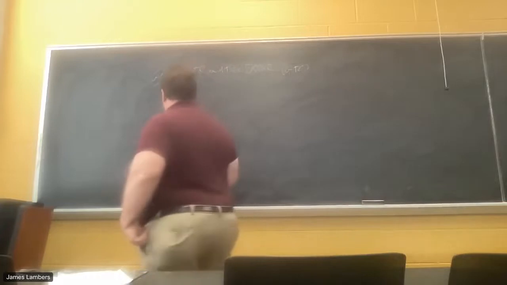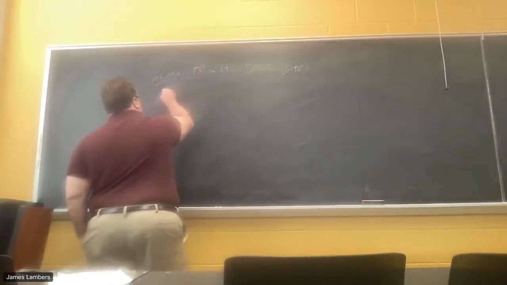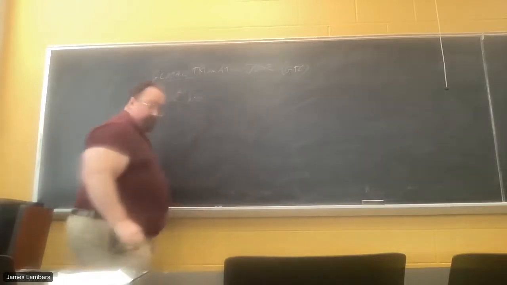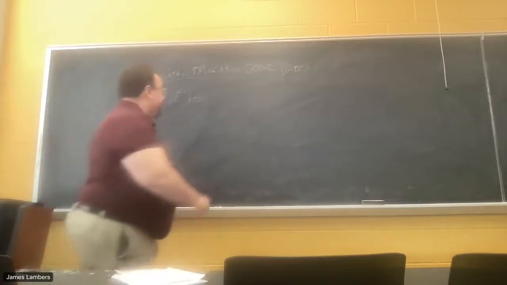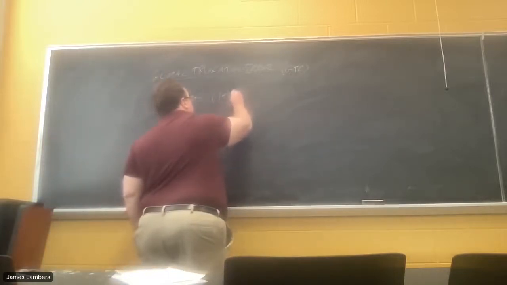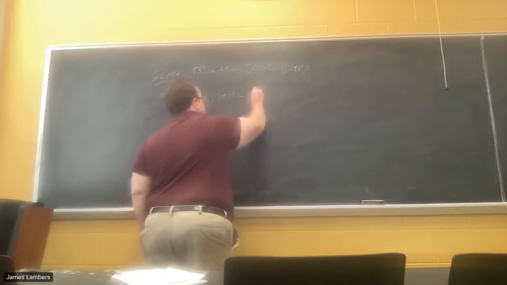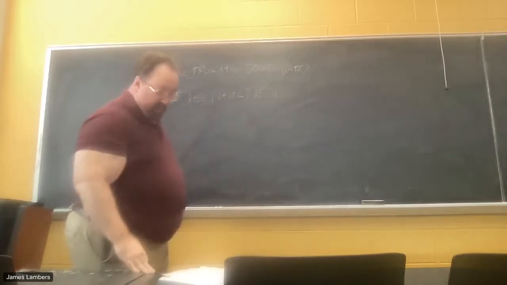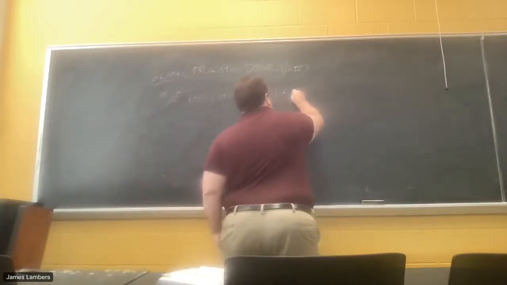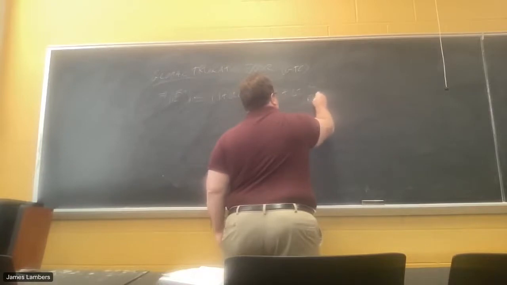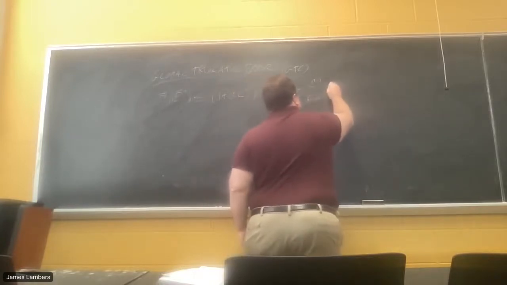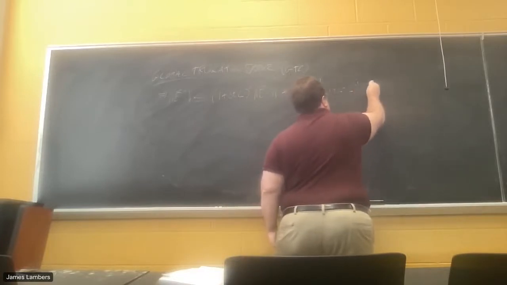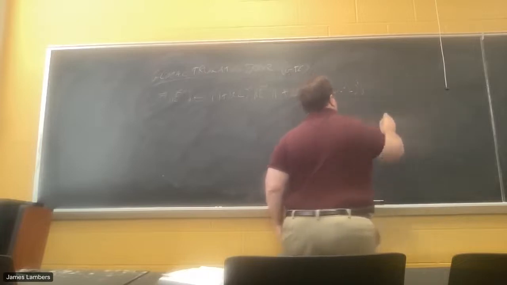So what I get is that the norm of E_n is less than or equal to (1 + delta T L) to the n times E_0, the error in the initial data, plus delta T times the sum of the powers of (1 + delta T L) times different local truncation errors.